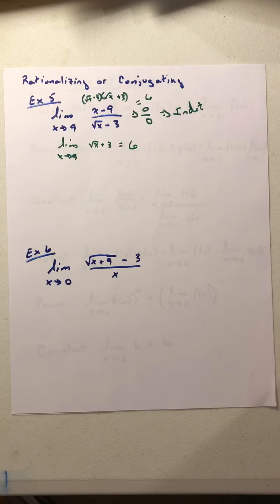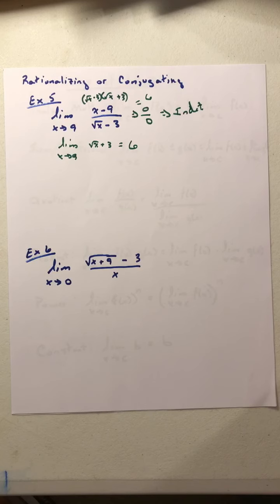So we want to make this the difference of squares eventually. So I'm going to leave the numerator as x minus 9 and the square root of x plus 3. But I'm going to multiply out my denominator. I'm going to multiply my conjugates out. So if I multiply the square root of x minus 3 to the square root of x plus 3, I get x minus 9.